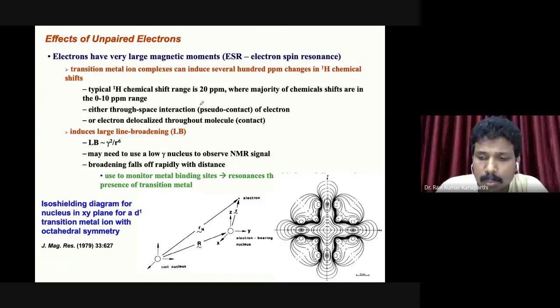So that's the reason that whenever you come across a metal complex, don't give NMR. This is a general thing that everybody tells. If you prepare a metal complex as part of your inorganic chemistry and it is paramagnetic, then NMR is not used for characterizing such a molecule. Why? Because you can't really say what is happening.